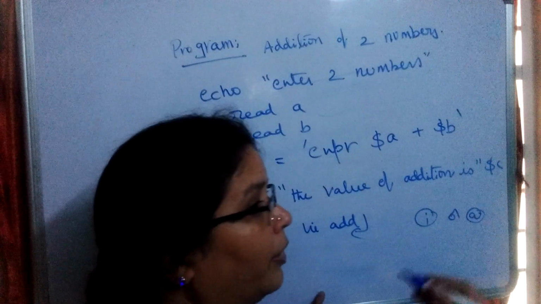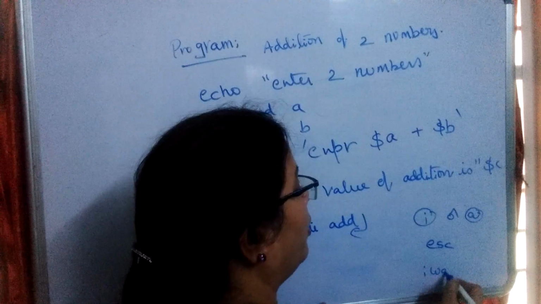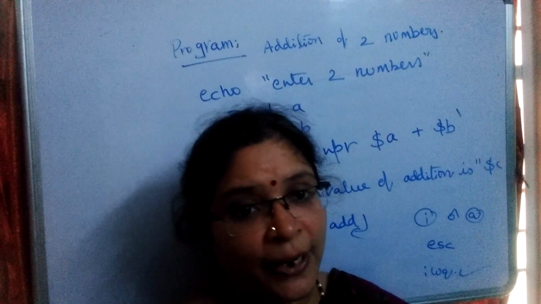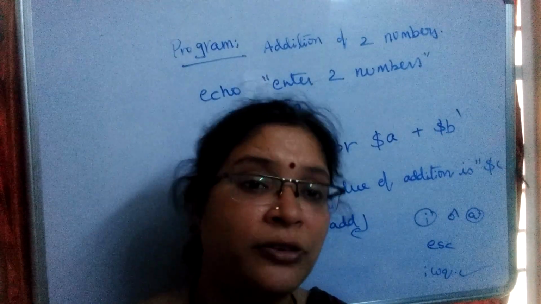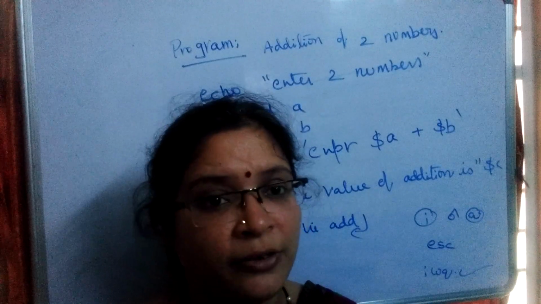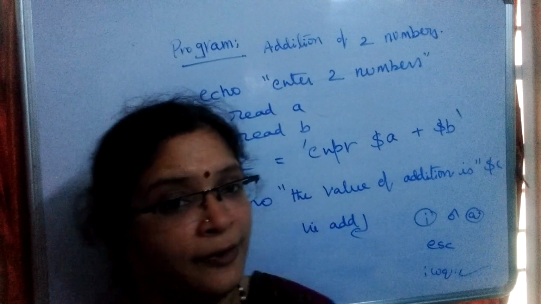To come out of that mode, you press the escape key, and at the end you simply type :wq. The file will be saved. These things I have clearly explained in my past videos on how to use the vi editor. Please go through that. It's very easy if you understand it step by step.